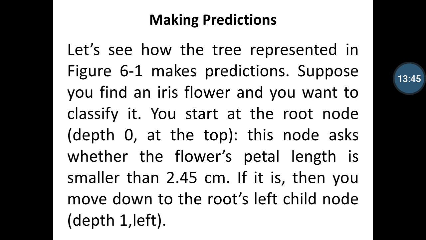You start at the root node, depth 0 at the top. This node asks whether the flower's petal length is smaller than 2.45 centimeters. If it is, then you move down to the root's left child node, depth 1, left.